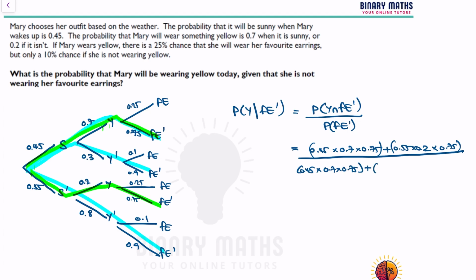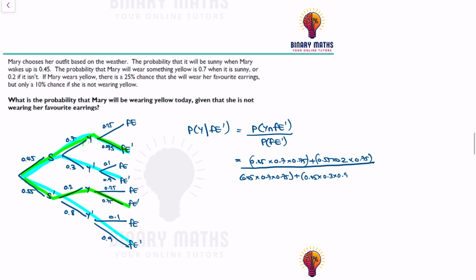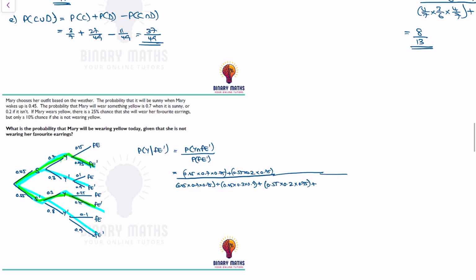The second combination would be 0.45 times 0.3 times 0.9, plus the third combination, which I forgot, 0.55 times 0.2 times 0.75, and plus the last one, 0.55 times 0.8 times 0.9.